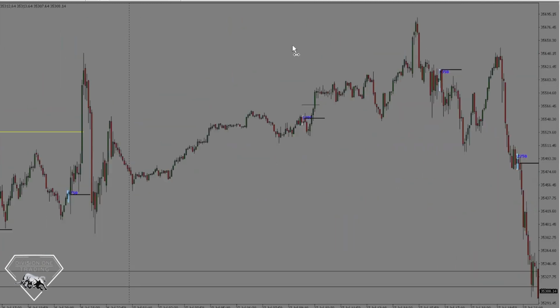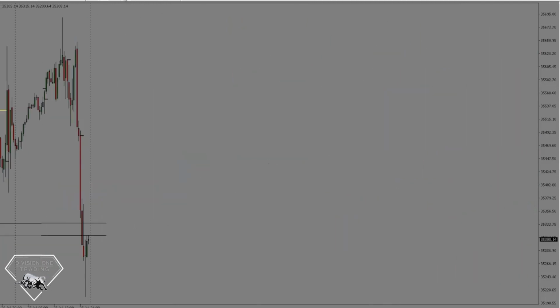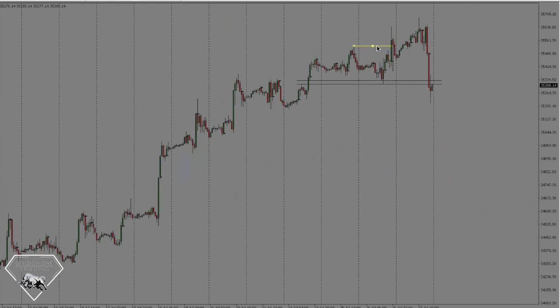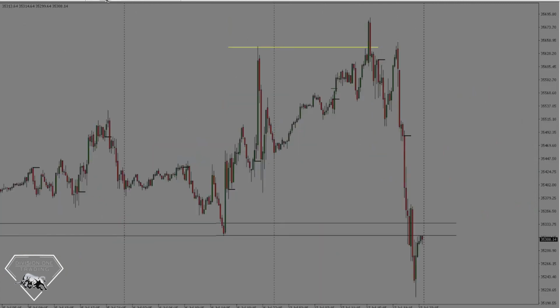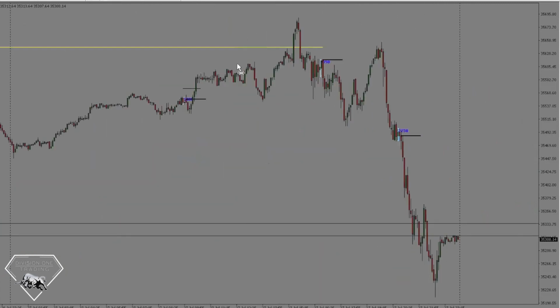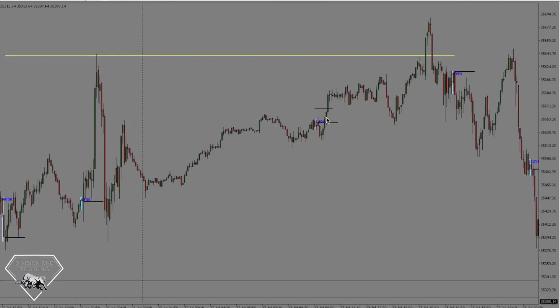And so the same thing can be said for the next day, right? Then we have this daily high that was formed. So today, when we're looking at our silver bullet sessions, maybe this one could have gone either way, but you see this silver bullet session here? We've already been above the high of the day.